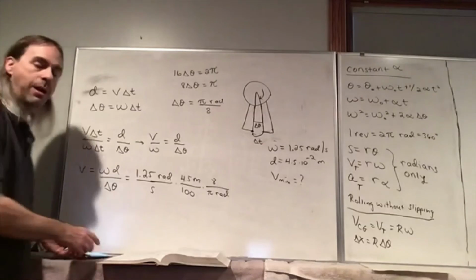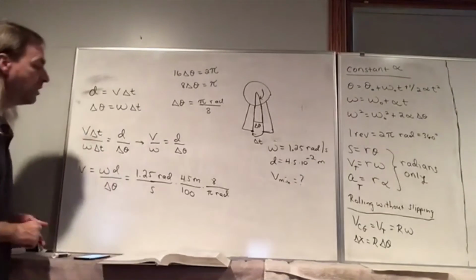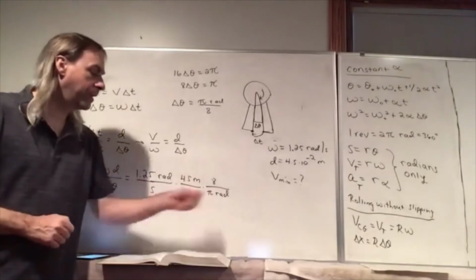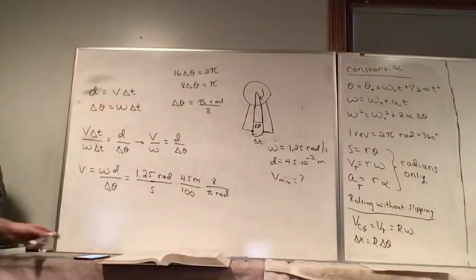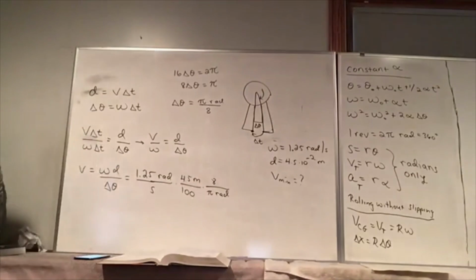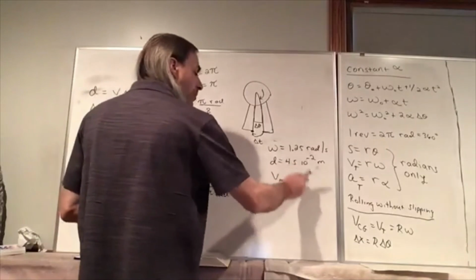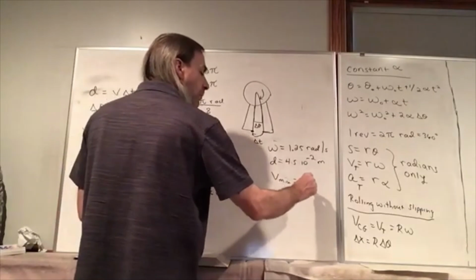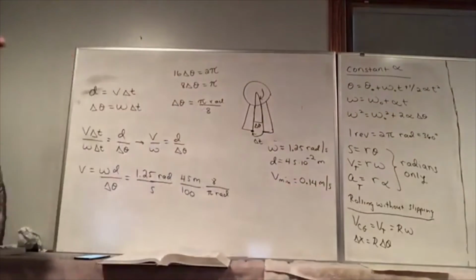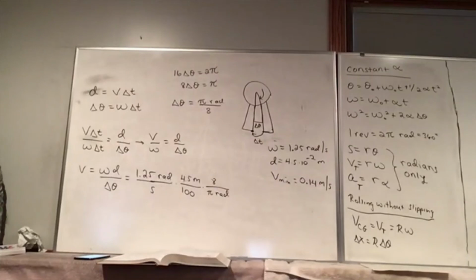When you divide by 100 pi, you have to be very careful. You can't just type divided by 100 pi and hit enter, because it'll divide by 100 and then multiply by pi. So you have to either use parentheses, or what I did is I just divided by 100, enter, and then divided by pi. So anyways, what I'm getting for the velocity is 0.14 meters per second. Okay, so that's the minimum speed of the ball, assuming that you time it right.